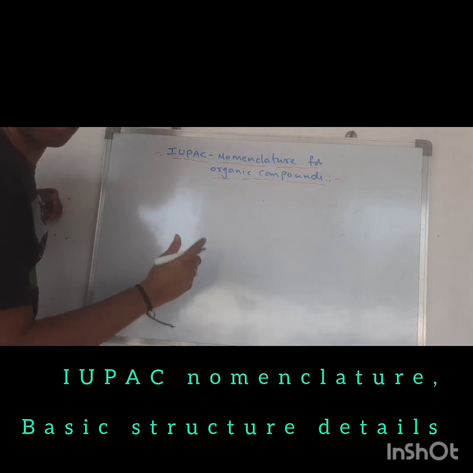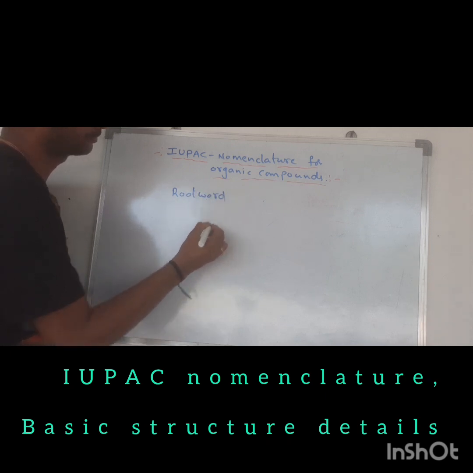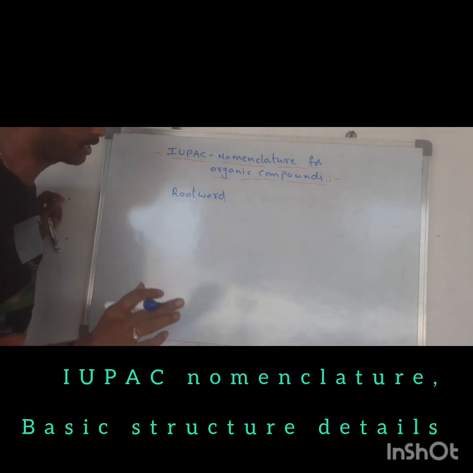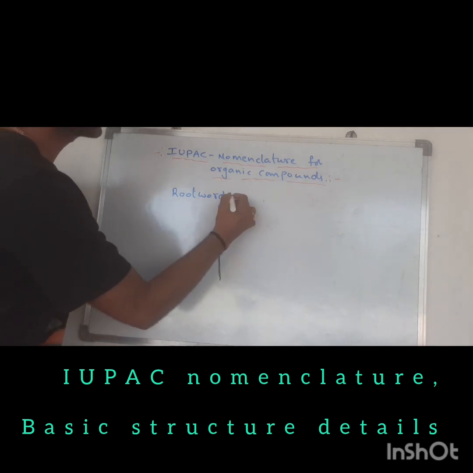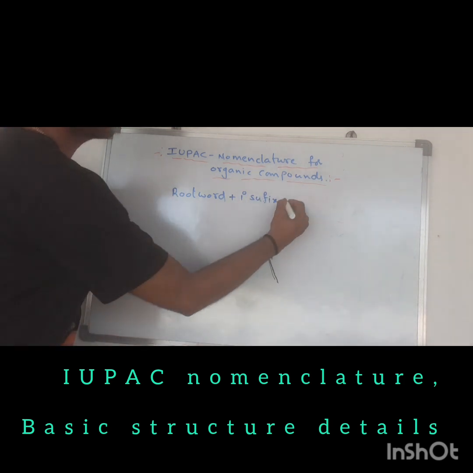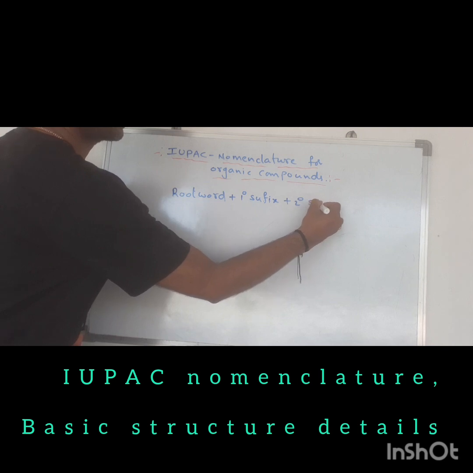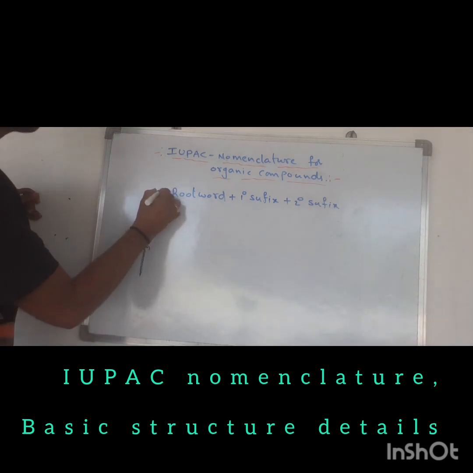Any organic compound must contain a root word. The main part of the nomenclature for organic compounds is the root word. Next, suffix. There are two types: primary suffix and secondary suffix. And there is also the possibility of a prefix.